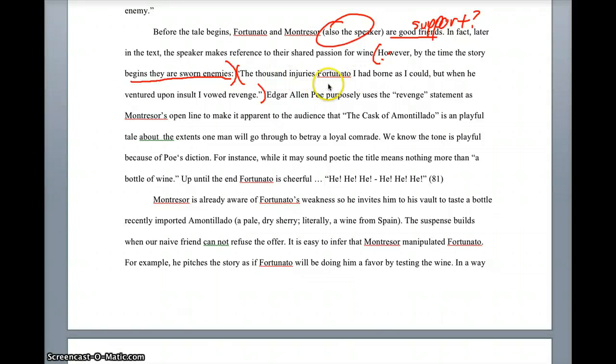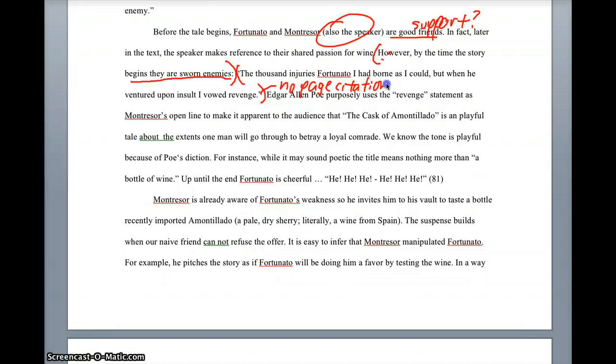Kind of, sorta, but he should have said, however, by the time the story begins, that Montresor has sworn that Fortunato is his enemy, because it is one-sided. One thing else I noticed that there is no page citation there.